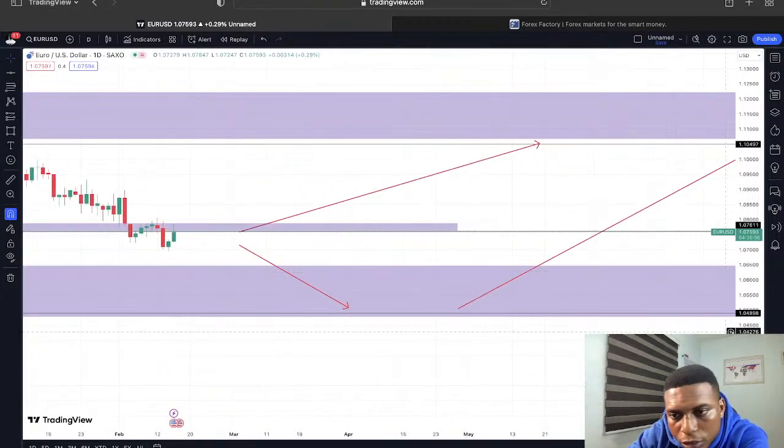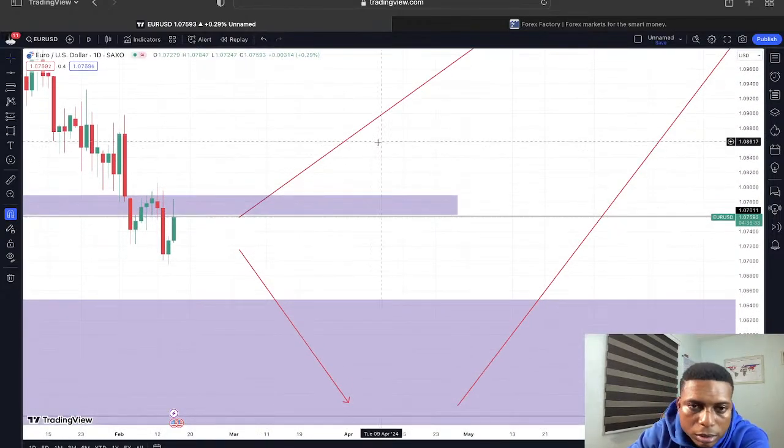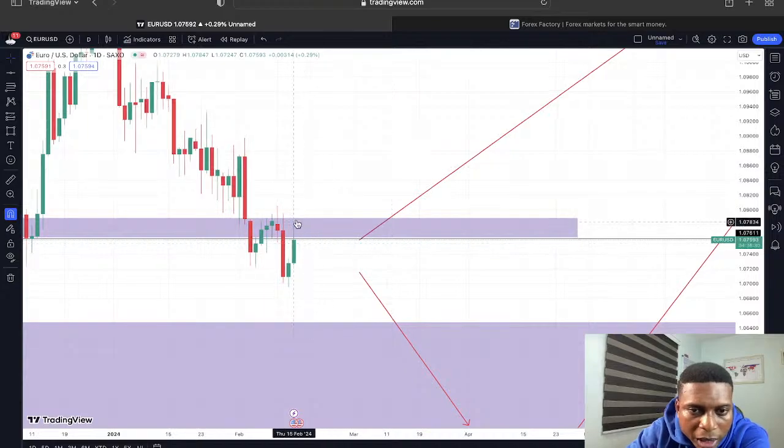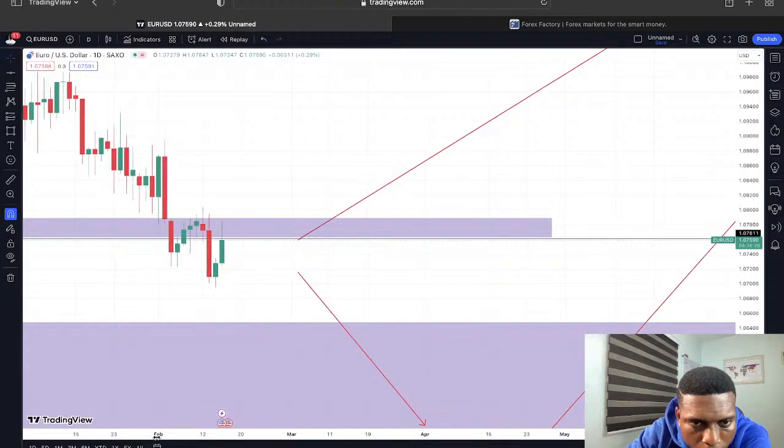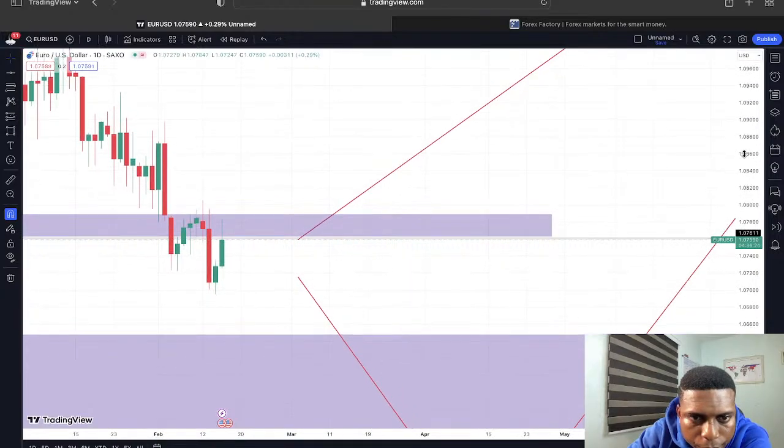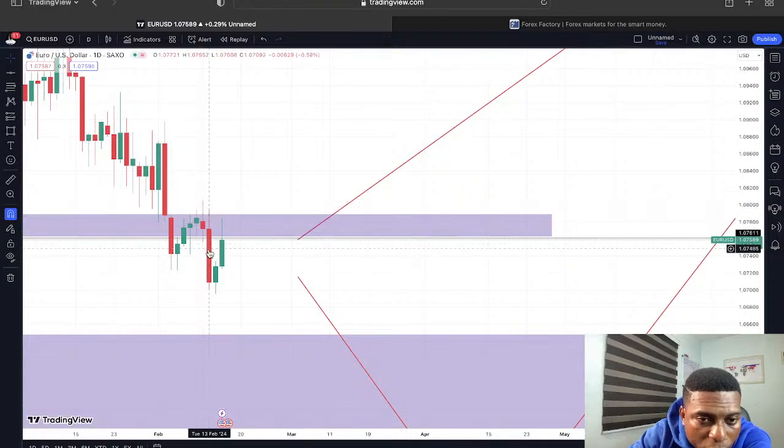Let me zoom in so we can see clearly. Can you see that there is sell pressure coming in? This was the candle I'm talking about, a fully bodied candle coming down to engulf the previous little bullish movement, closing all the buy orders below.